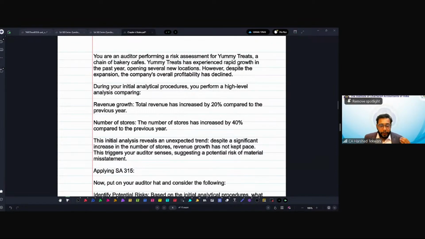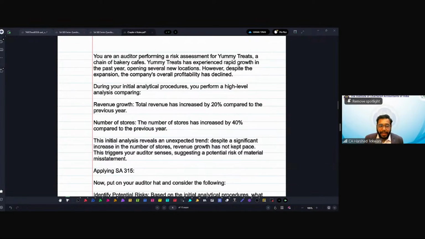Now, if you see this particular example, by performing the initial risk assessment, what we came to know is that even though the total revenue has increased and the number of stores has increased, the profitability is not there.